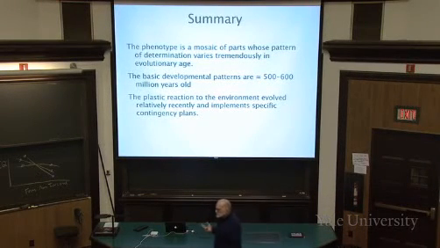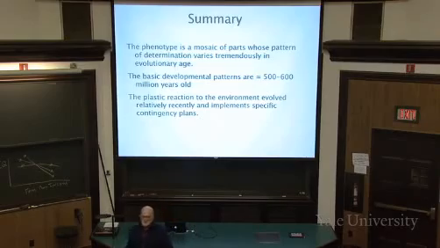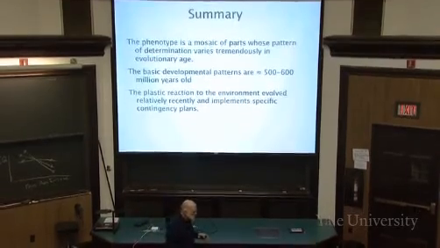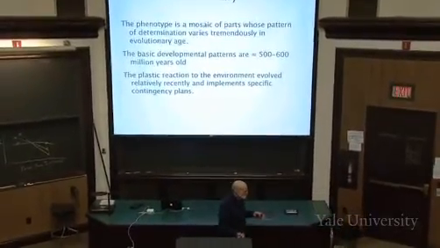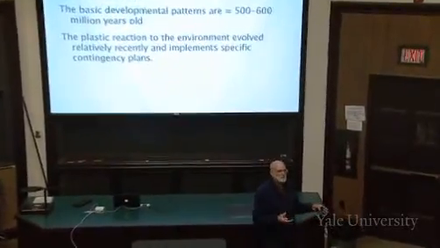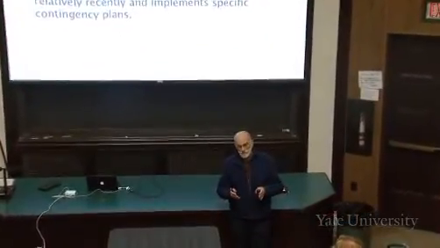Daphnia that come from lakes that do not have fish in them and haven't had fish in them for a long time don't react when you put the smell of a fish into the water. But Daphnia that come from lakes that have had fish in them for a long time react, and react strongly and quickly. So the plastic reaction is something that can evolve.